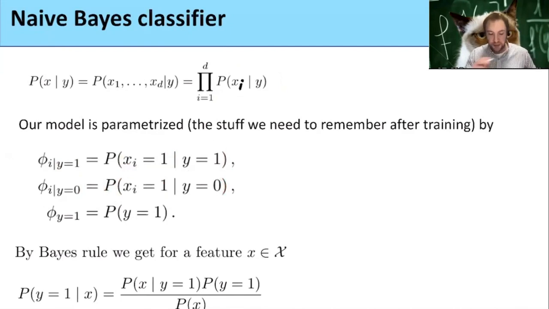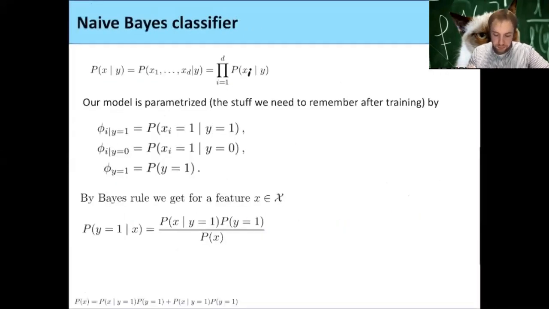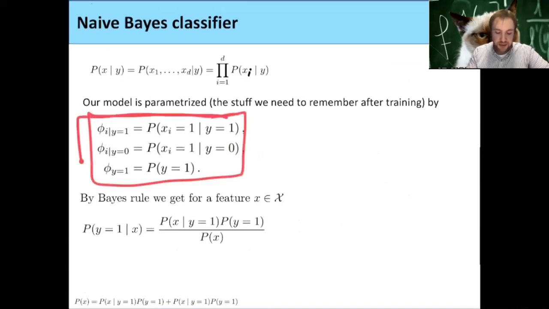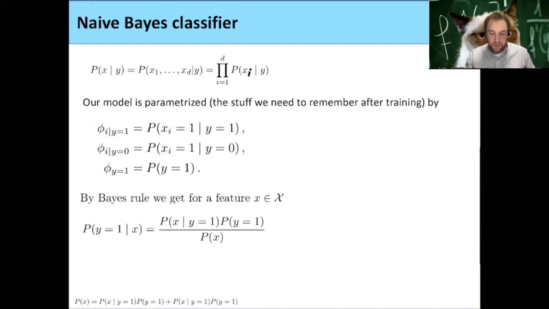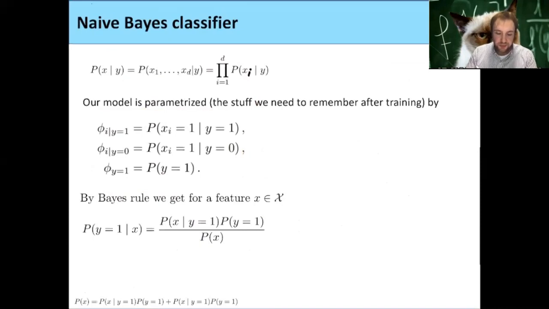And phi_y, with y equals 1, is just the probability of being a spam. So this is what we want to save, and then later we will use this to make a prediction. And on the next slide, I will explain how to train this. But first, assuming we know these values, this somehow corresponds to our old theta, which we saved and then used again.